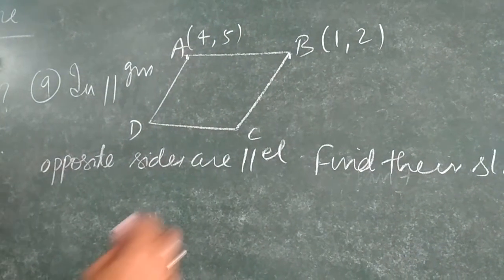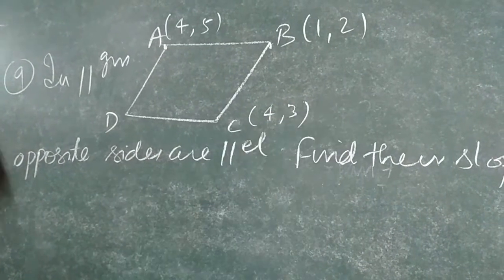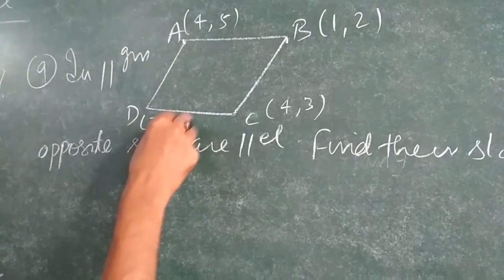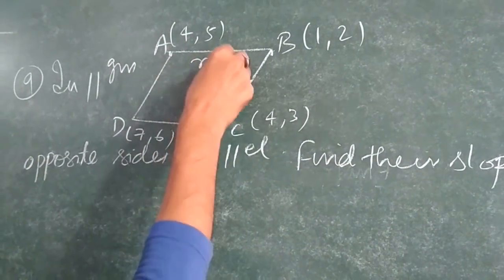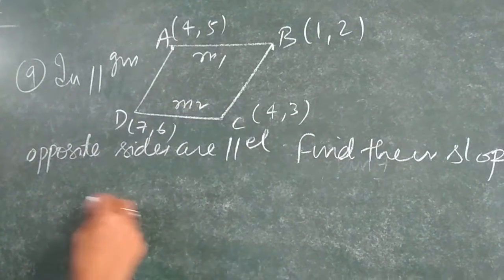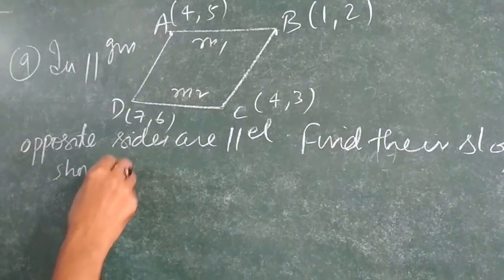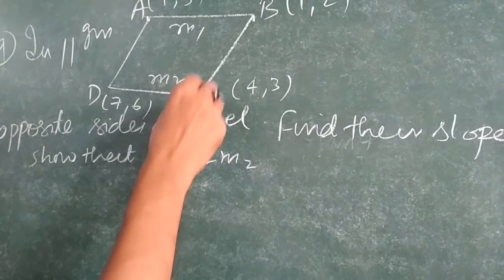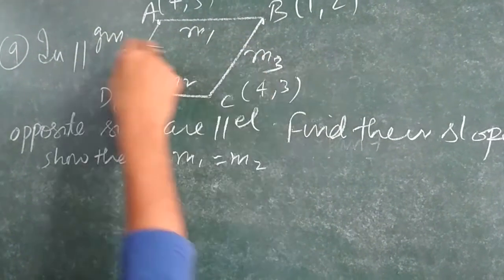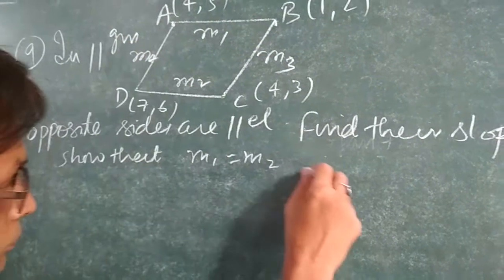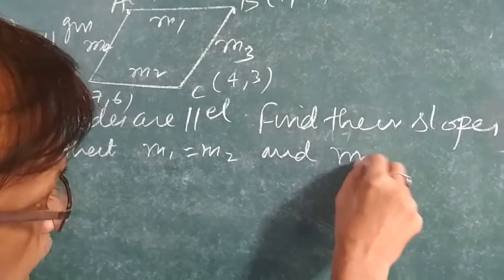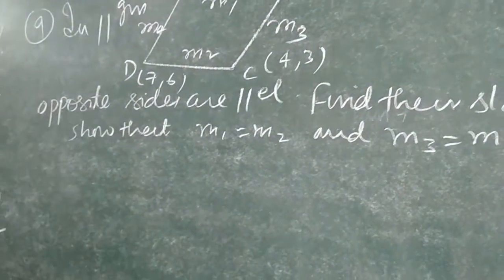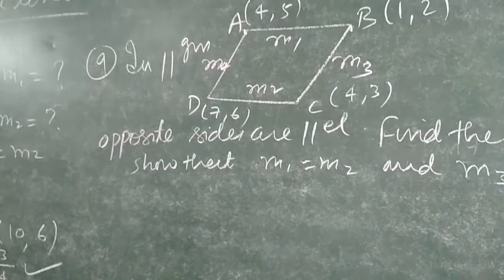C is given 4, 3. D is 7, 6. So the slope of this line m1 equal to m2, and the slope of this line m3 equal to m4. So in this way you can complete it yourself. Now 10.